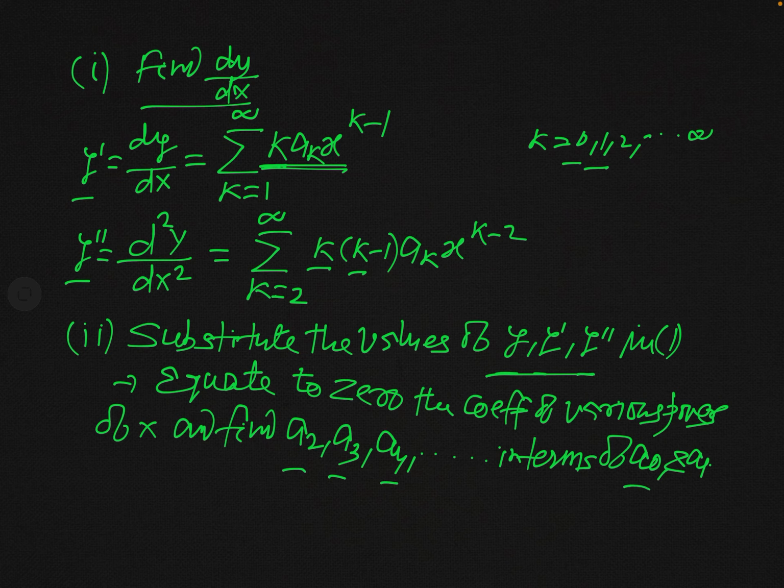But there is no need to equate these coefficients separately. You can directly equate to 0 the coefficient of a general term x to the power n. When we equate to 0 the coefficient of the general term x to the power n, a result will be obtained which is actually called a recurrence relation or recurrence formula. And from that recurrence formula, we will be able to determine the values of a2, a3, a4, and so on in terms of a0 and a1.